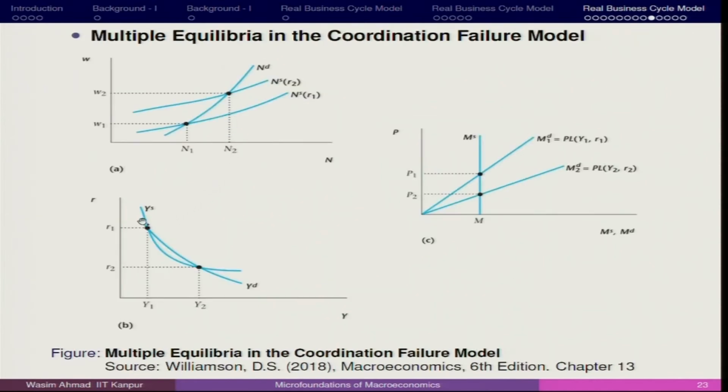Here you can think about R1 and here R2. If you think about multiple equilibria, this could be a situation wherein we are thinking about an equilibrium scenario where there are two groups, the optimists and the pessimists.